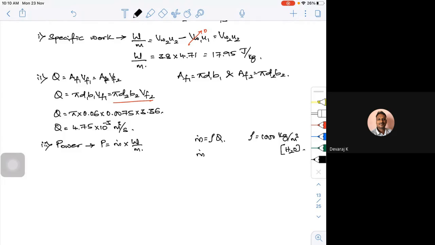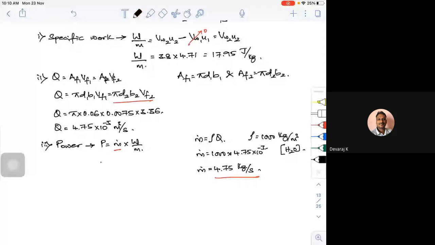I will substitute this and get the value of mass flow rate. So mass flow rate is equal to 1000 into 4.75 into 10 to the power of minus 3, which is around 4.75 kg per second. So this quantity I will substitute here.